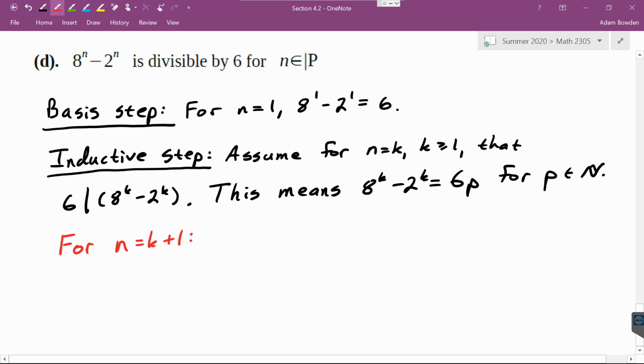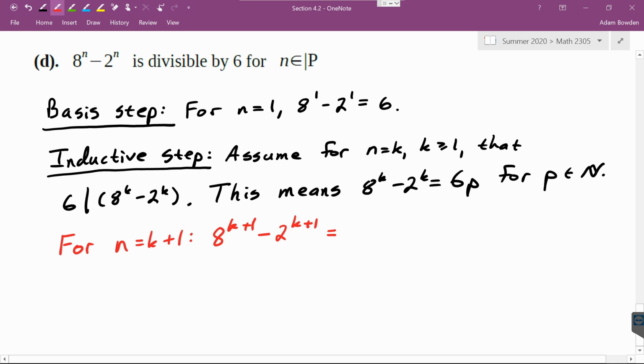So for n equals k plus 1, we'll have 8 to the k plus 1 minus 2 to the k plus 1. If we can verify that this is also divisible by 6, then we will have proven the proposition. So I'm going to use some manipulation on this.